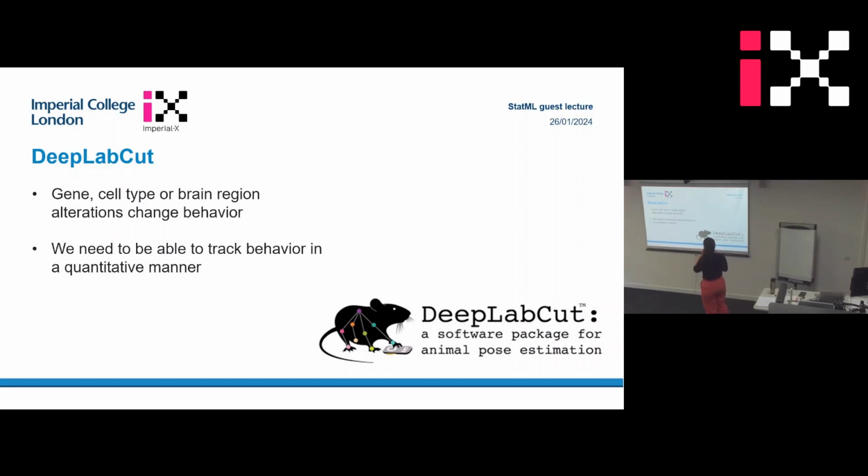And also one more, kind of related to this. DeepLabCut is basically a software package to estimate animal pose, and you may think, okay, why would I want that? The idea here is that there are so many things you can do to alter the genes, or you can give them an injection of some chemical that will deactivate a particular cell type within the mice, or they can have a gene alteration, or even whole brain regions be altered.